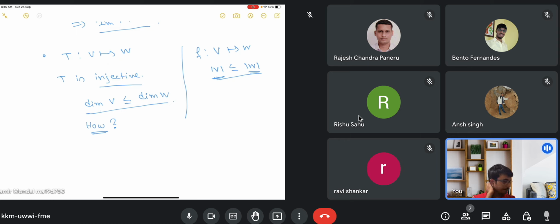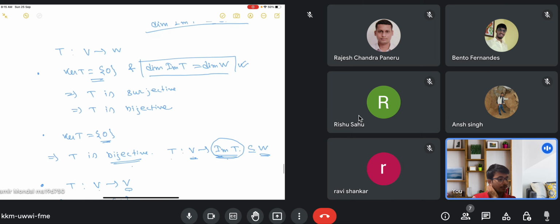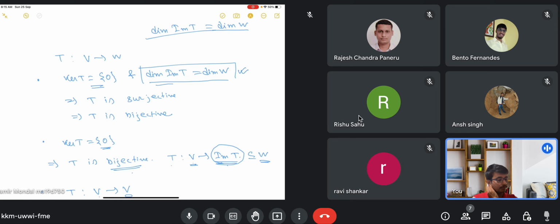Now give me one example: if you assume only this condition, it does not imply that T is surjective.